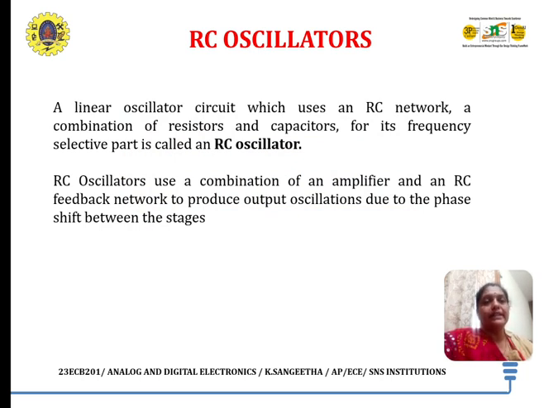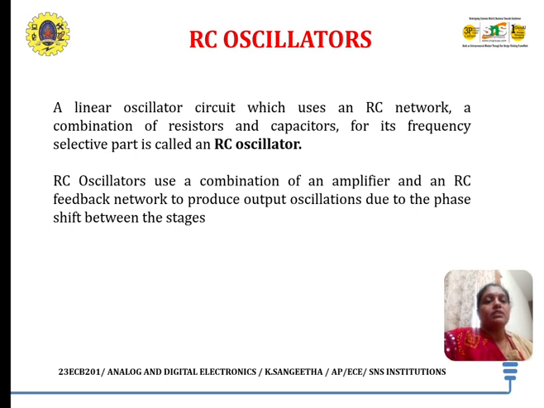It is a linear oscillator circuit. From the name itself we can say RC, where R represents resistor and C represents capacitor. These two components are used in feedback circuits, and they are used to determine the frequency of the RC oscillator.